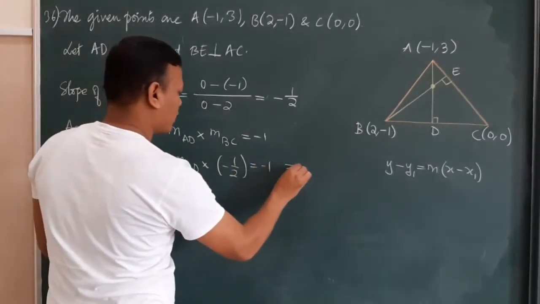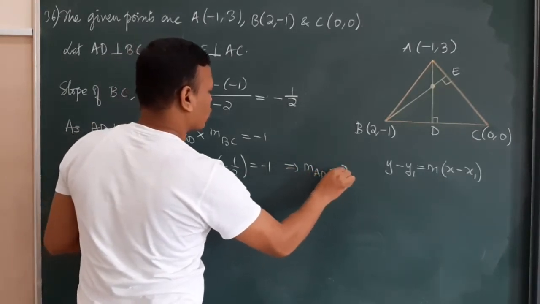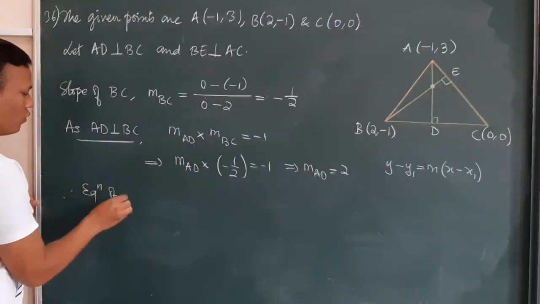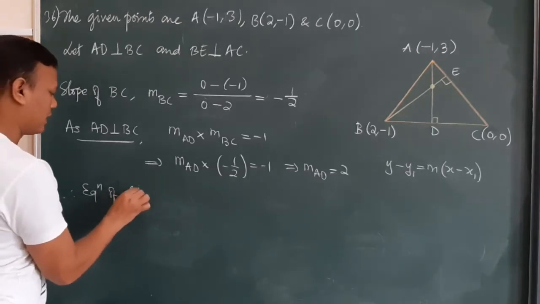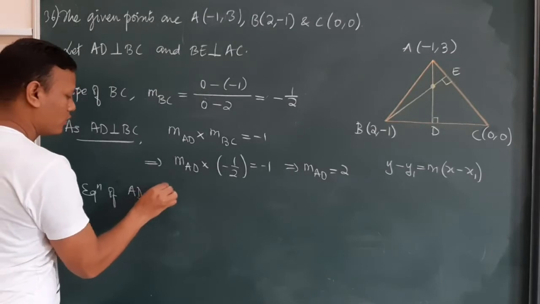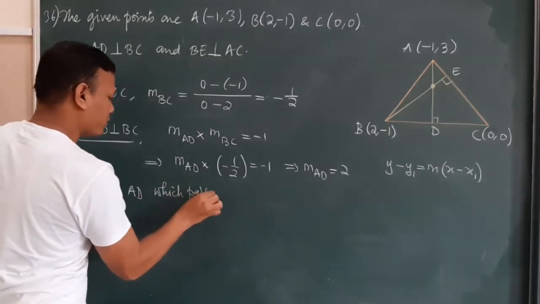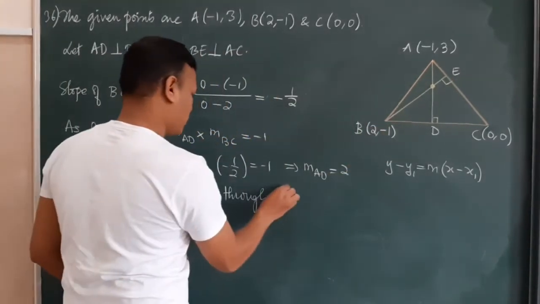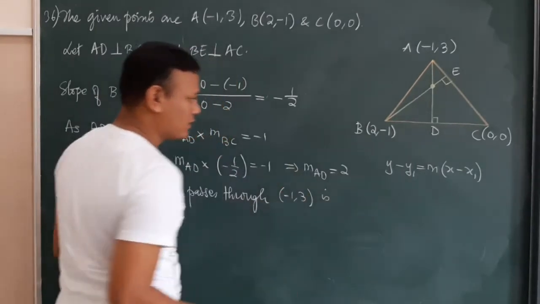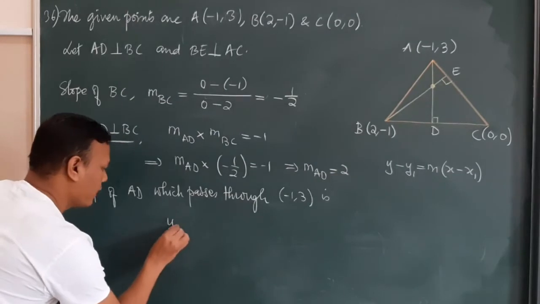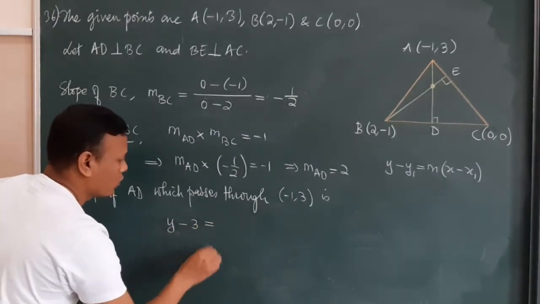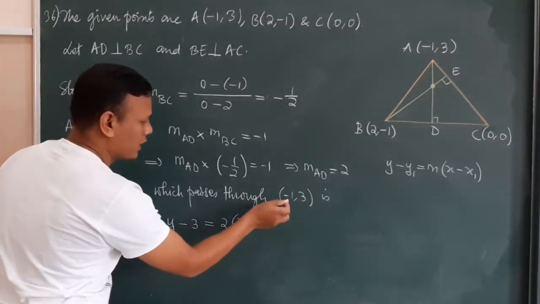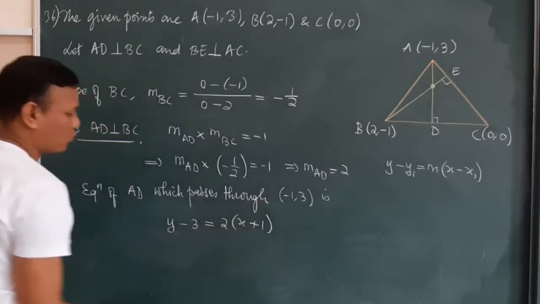So the slope of AD turns out to be 2. Therefore the equation of AD, which passes through (-1, 3), using the formula is y minus 3 equals 2 into x minus (-1). Minus into minus becomes plus, so this will be the equation.